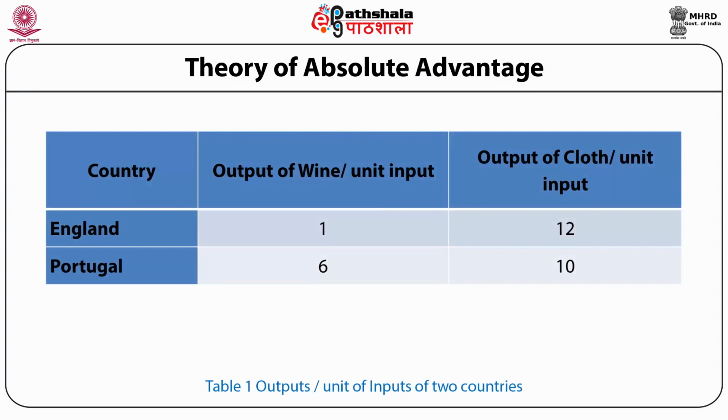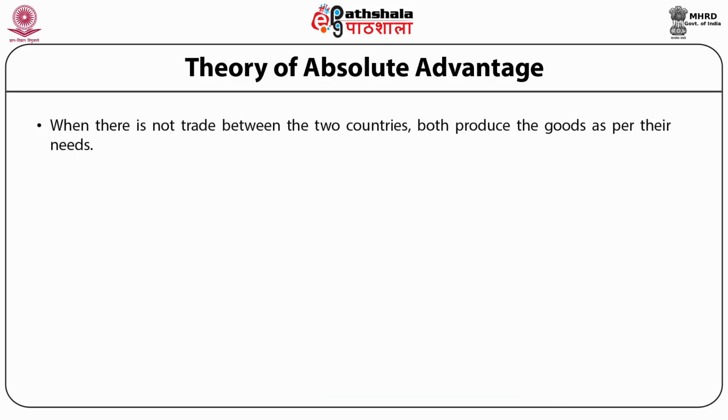For example, the output of wine per unit of input by England is 1, and the output of wine per unit of input by Portugal is 6. The output of cloth by England per unit of input is 12, and similarly for Portugal it is 10. When there is no trade between the two countries, both produce the goods as per their needs.